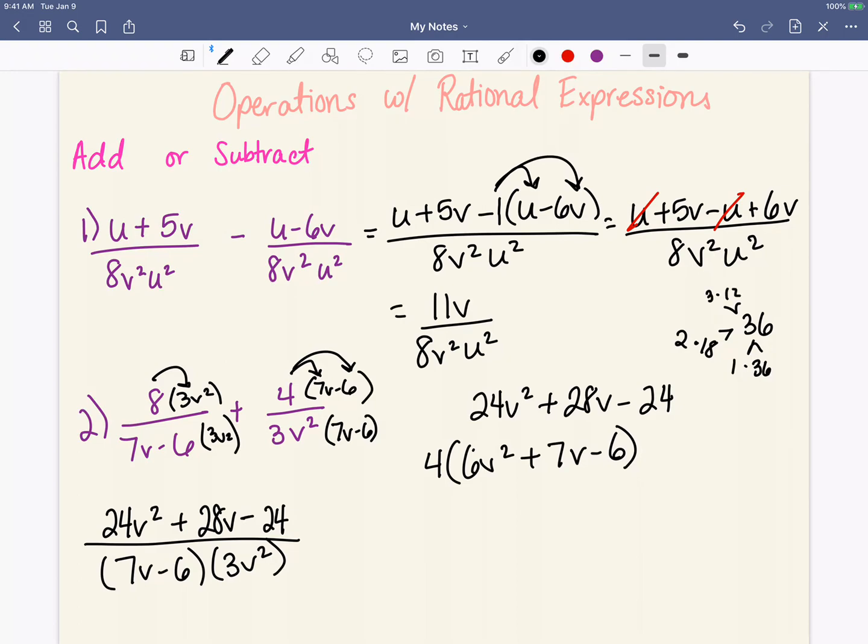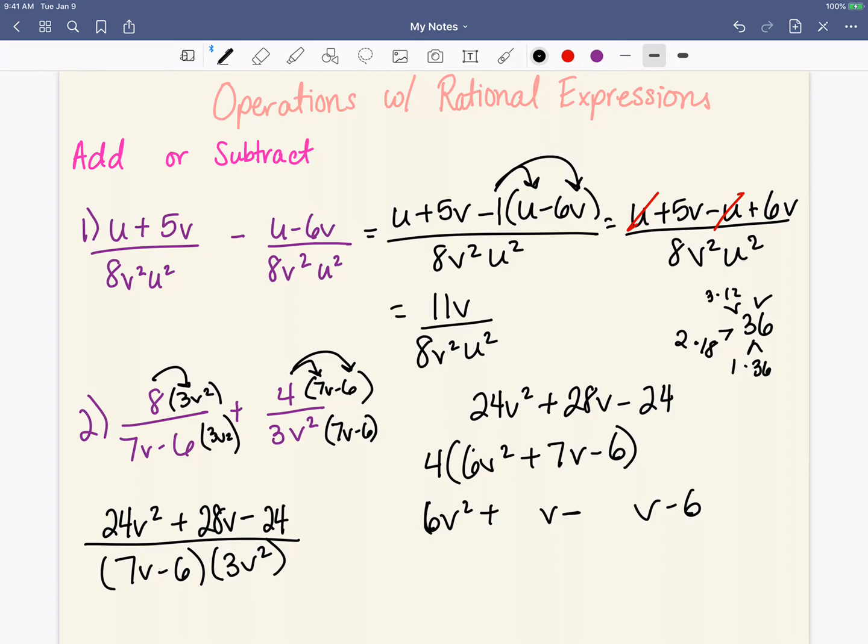And remember, I'm looking for, so I'm going to just write this out, 6v squared plus something v minus something v minus 6. So I'm looking for something, so if I do 12 minus 3, that gives me 9, so I'm not there yet. 36 divided by 4 will be 9. And 9 minus 4 gives me 5.